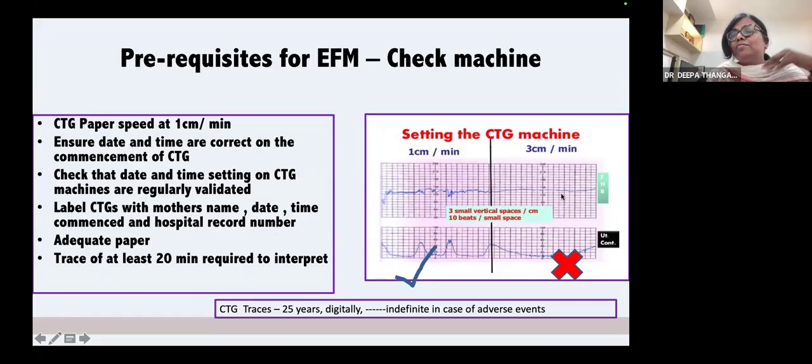The 3 centimeters is very fast and it will be more stretched, and we cannot interpret. What we see as normal variability will look like decreased variability at 3 centimeters per minute. So the dictum is the paper speed should be set at 1 centimeter per minute. Whenever you go back, see the machine, familiarize with the paper and the machine, and make sure it is set at 1 centimeter.